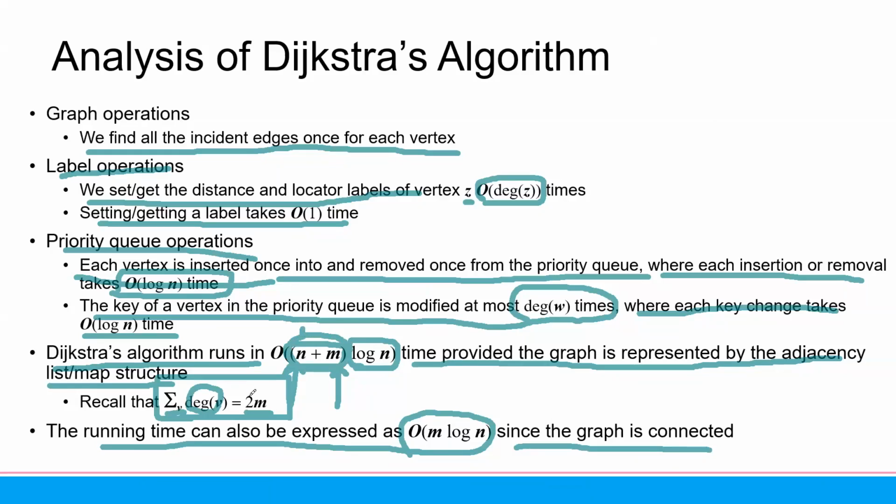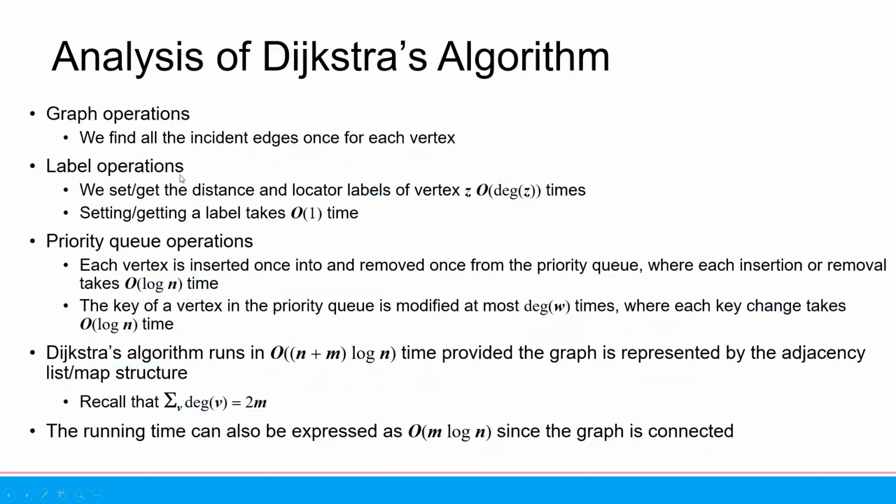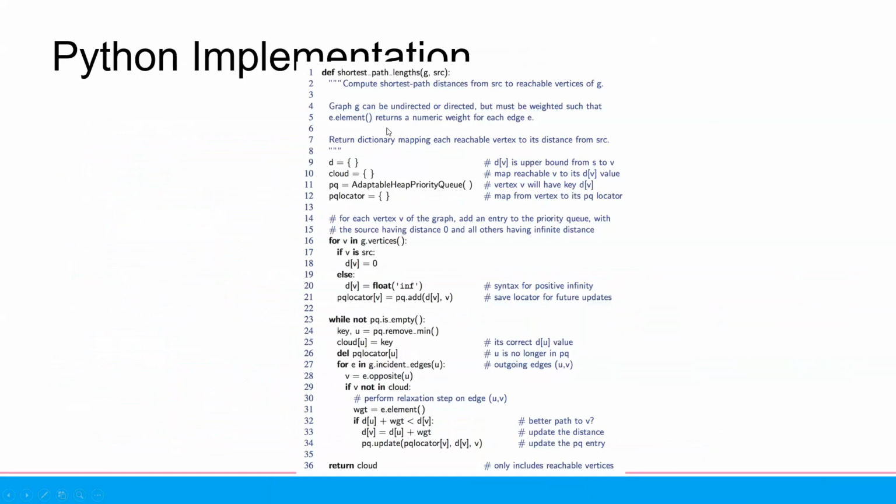But if we are just using this property, the sum of degree v equals 2m, we can also say it like this. Okay, this is the shortest path length algorithm code with the priority queue. We use the priority queue to remove the minimum key, where we can find the minimum from all the paths that we calculated.